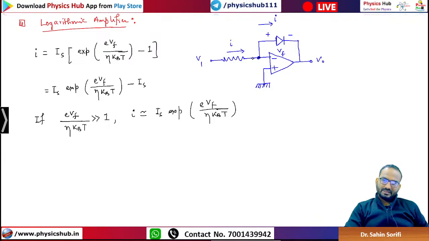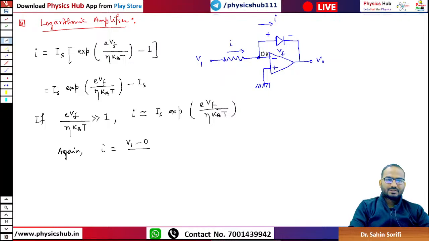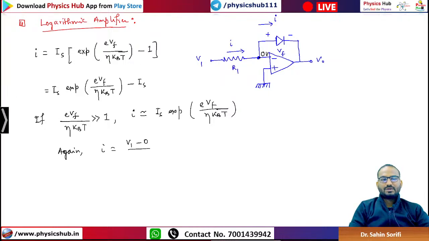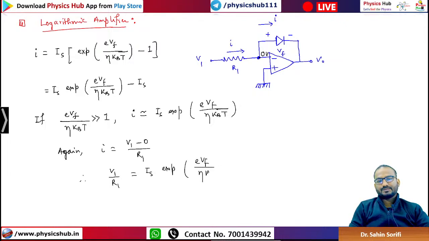Now this point is virtual ground, so the voltage here is 0 volt, and again I is equal to V1 minus 0 by, let's say this resistance is R1. Okay, we can say that V1 by R1 is equal to Is exponential e Vf by eta kt.